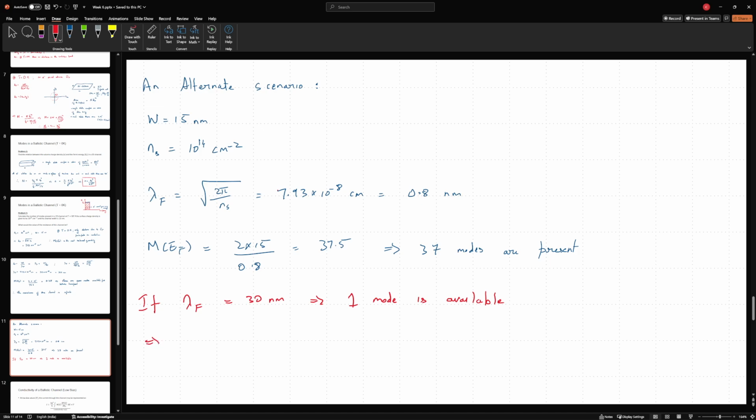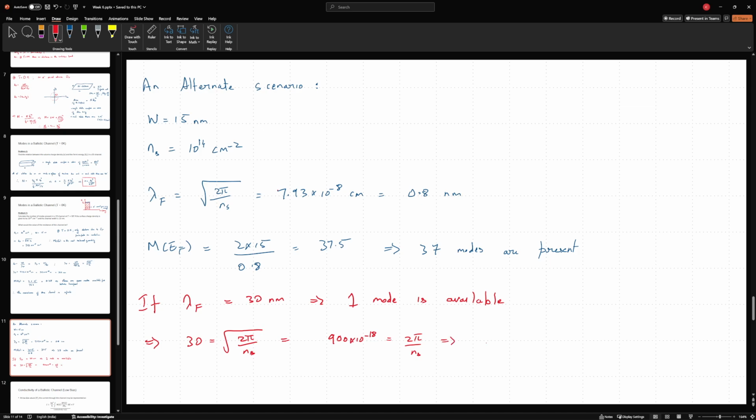Which implies 30 equals square root of 2 pi divided by ns. From this I can say 30 into 30, that is 900 into 10 to the power minus 18, is equal to 2 pi by ns.